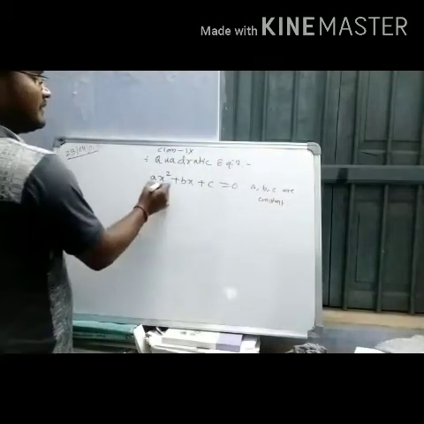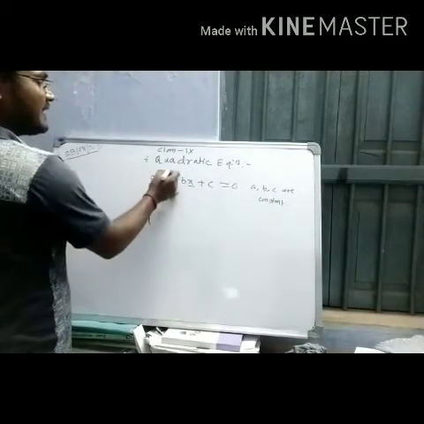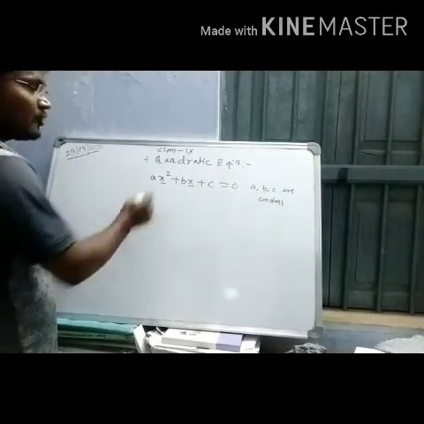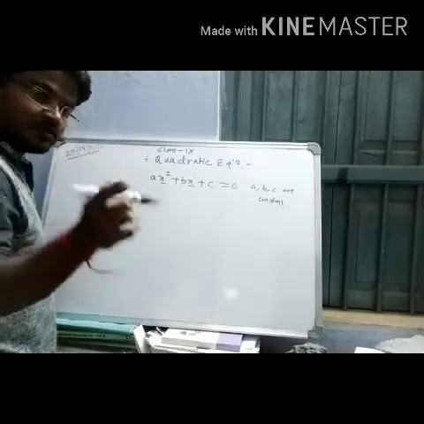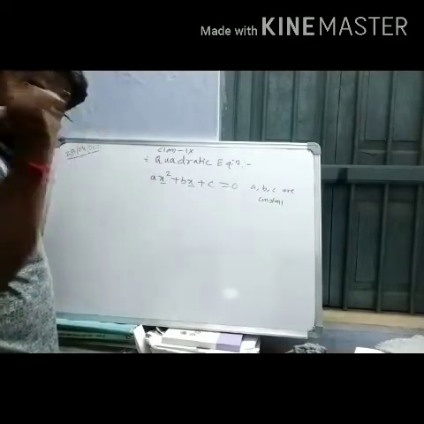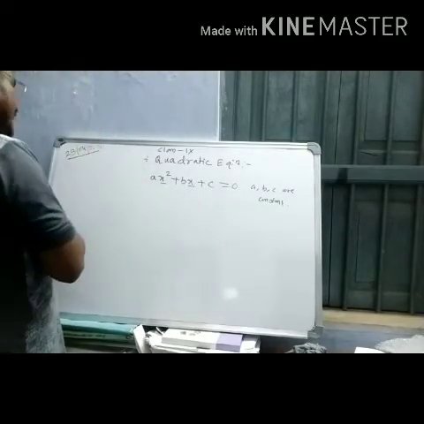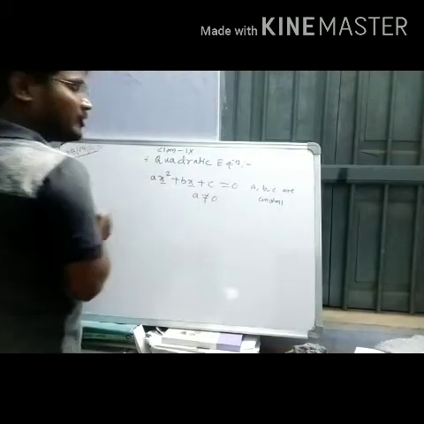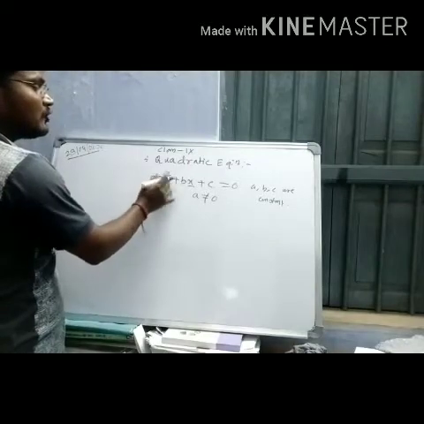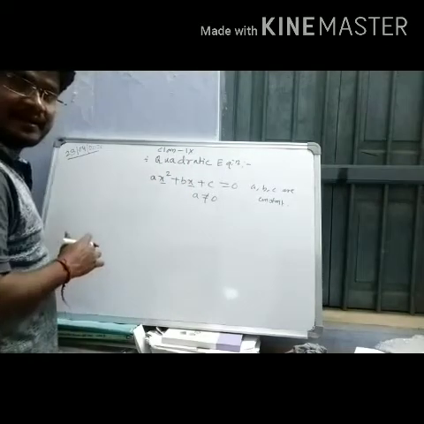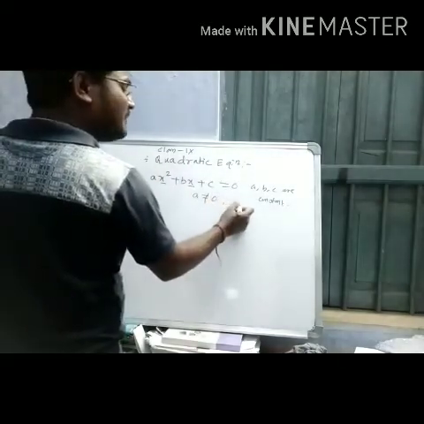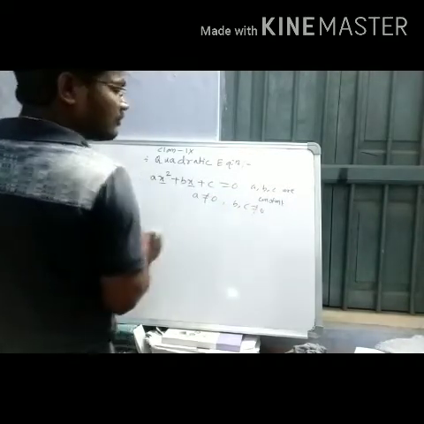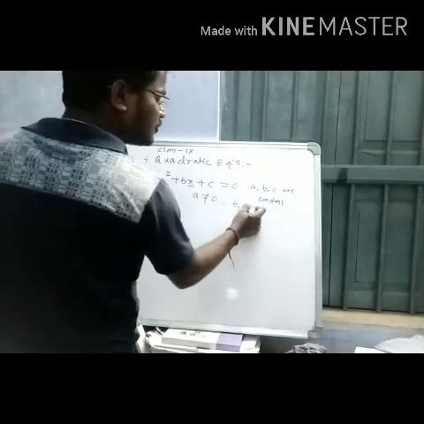Its variable is x and its highest power is 2. So the degree is 2. If the degree is 2, it is called quadratic. And here you should remember a not equal to 0. If a equals 0, then it will not be quadratic, it will be linear. b or c may be 0.